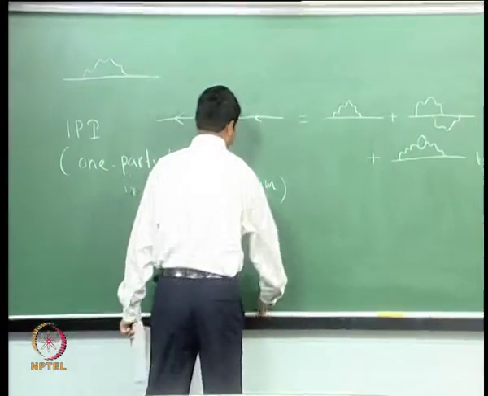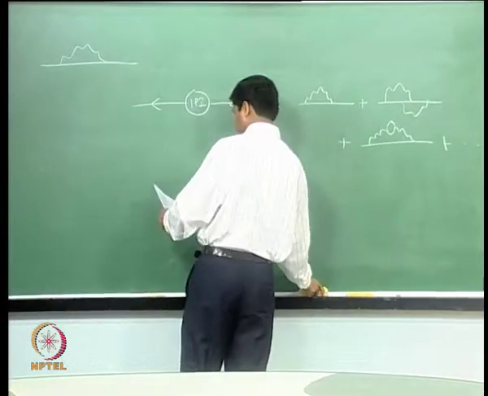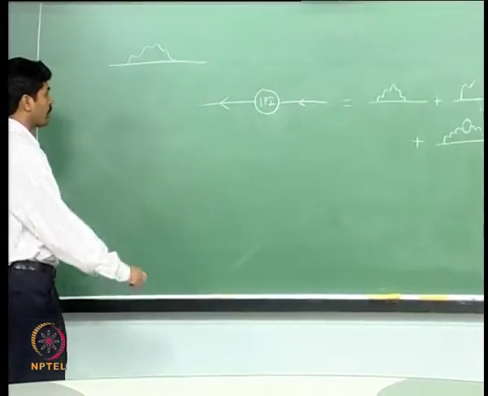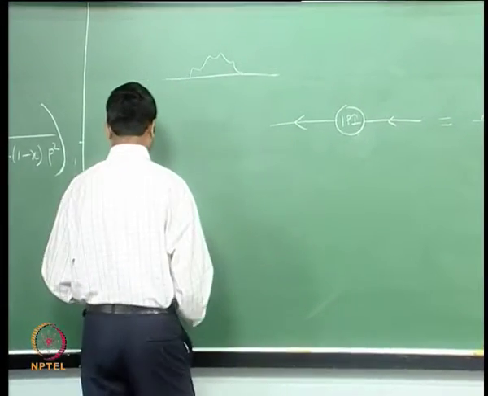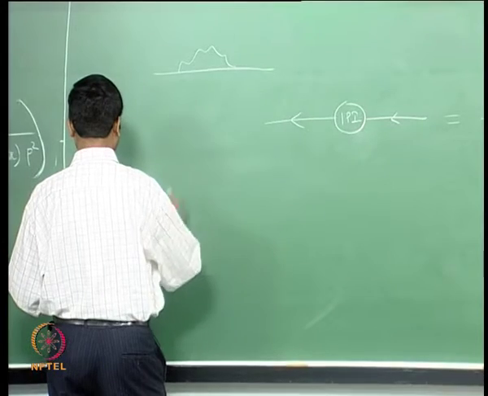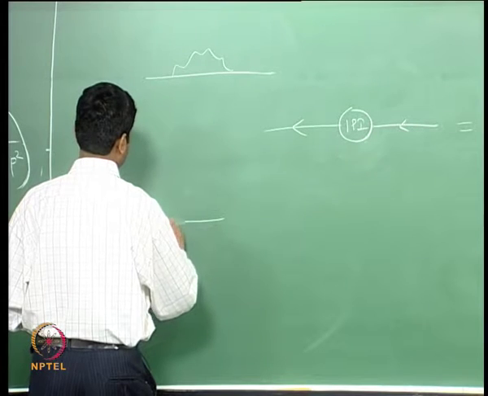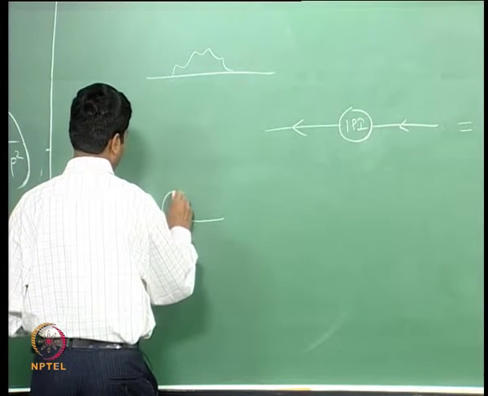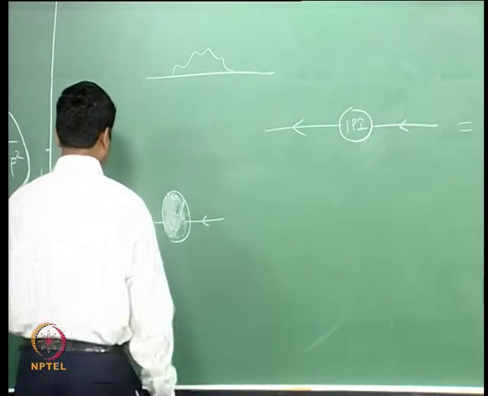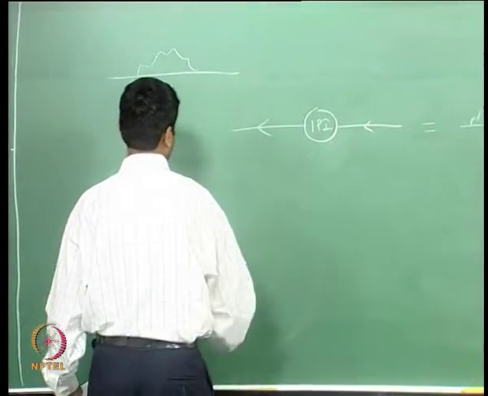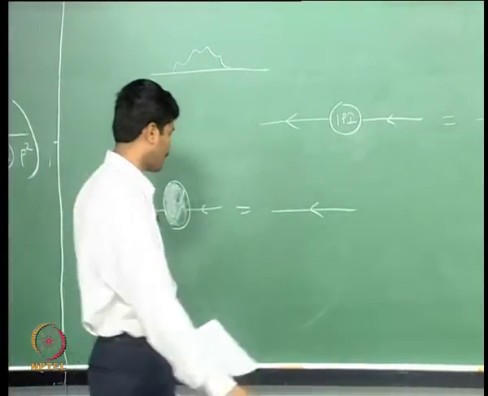If this is what you denote as the one particle irreducible diagram, then the exact propagator will be given by a sum which involves all such one particle irreducible diagrams. So this, the 2-point function to all orders, I will denote like this, and this will be, at tree level, of course, just the free propagator.